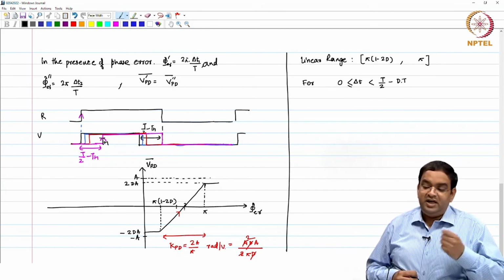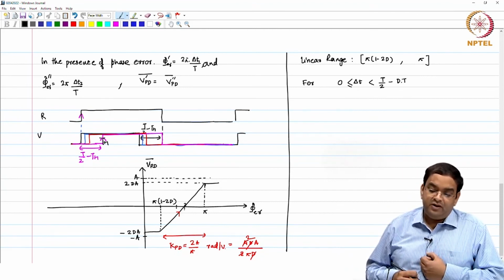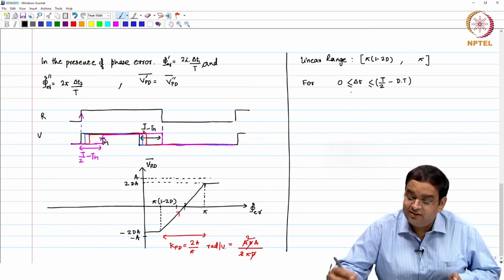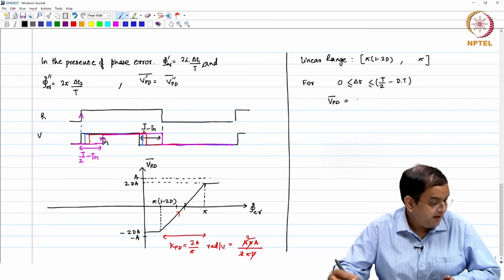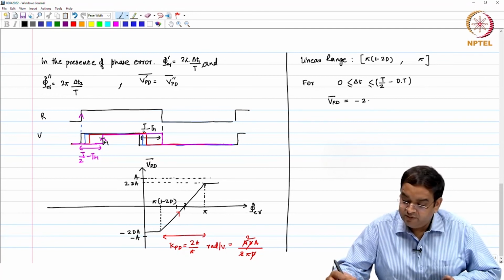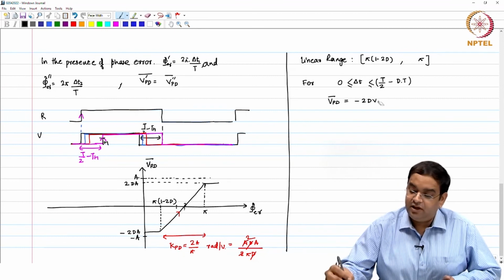Okay. d is actually your duty cycle, which is Th by t. For the phase error less than this, you have your VPD average given by minus 2 times d a here.